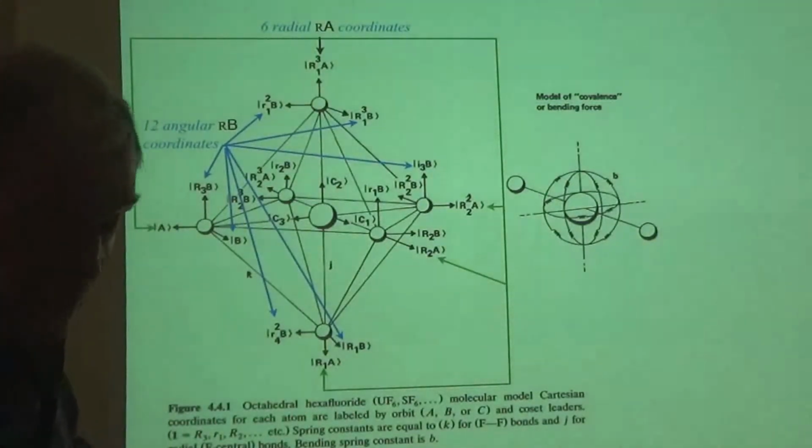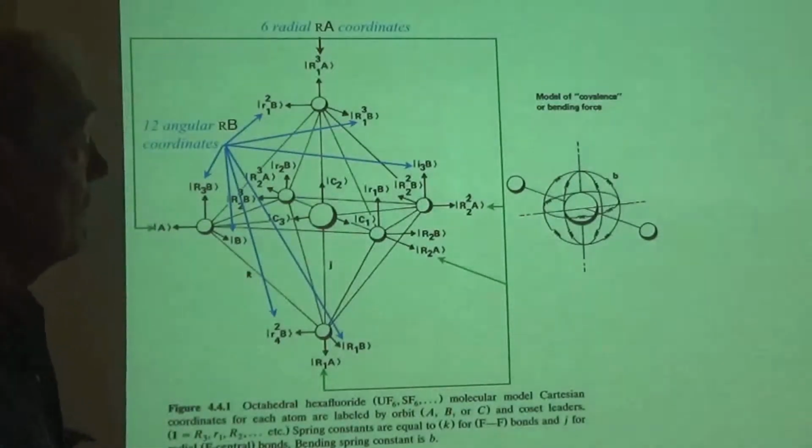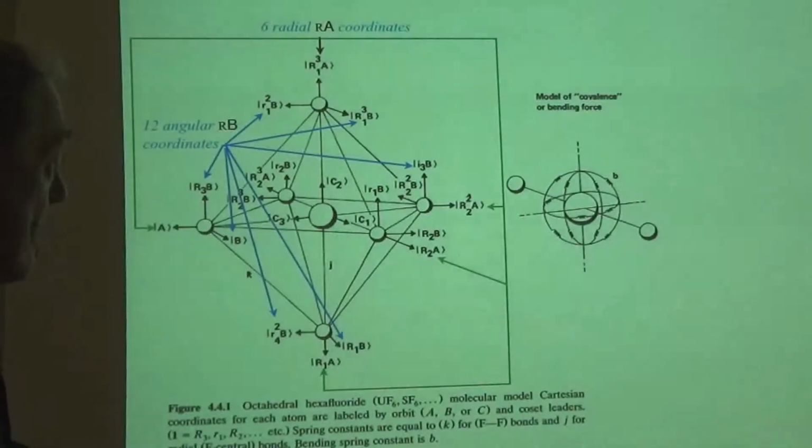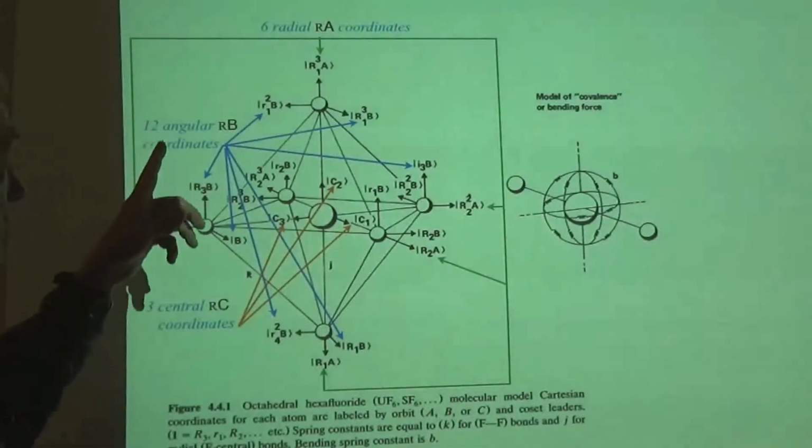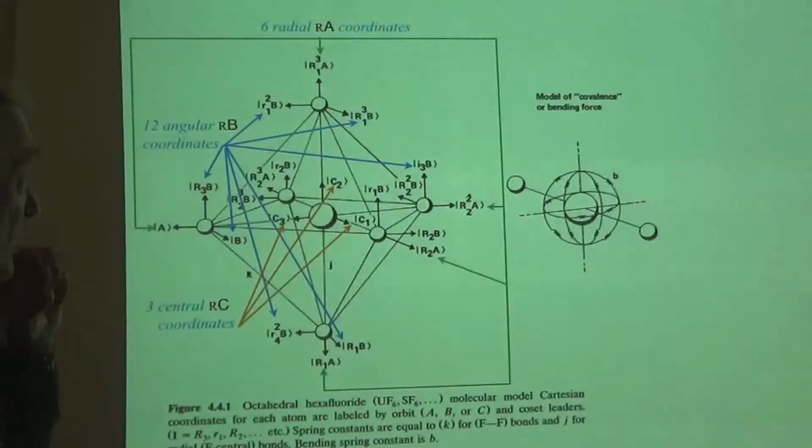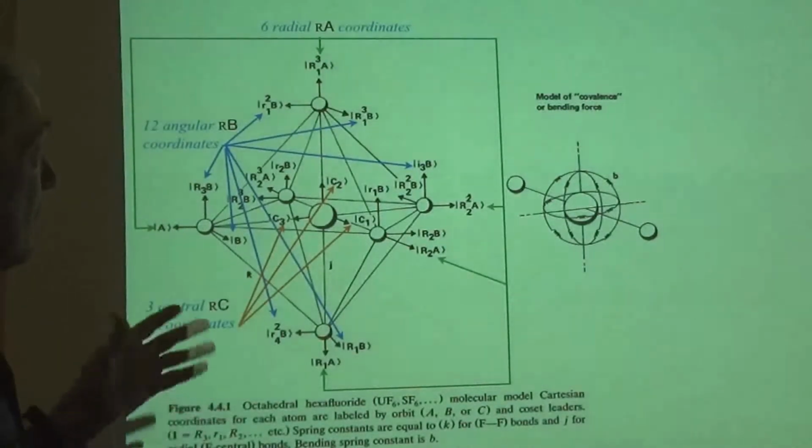Coset labeling really should be used for this, and we haven't done it. This is before we really discovered how to do that. In any case, in addition to the radial and angular coordinates, there are 3 central coordinates.